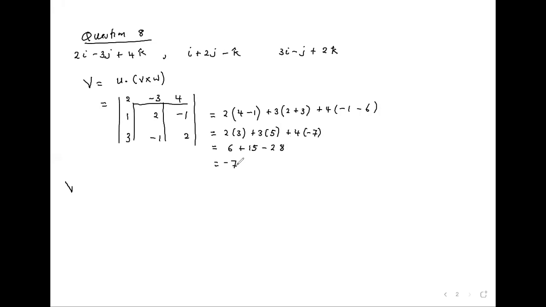And so to get the volume, you get the absolute value of this thing, because you understand that it can actually be negative at some point. So the absolute value of negative 7 is 7 units cubed.